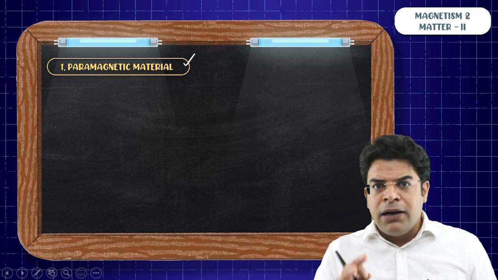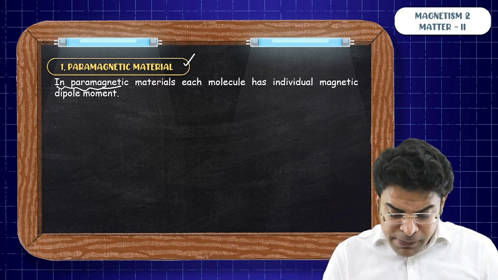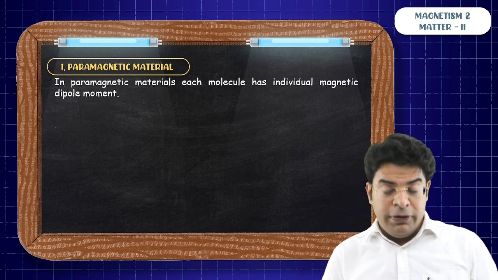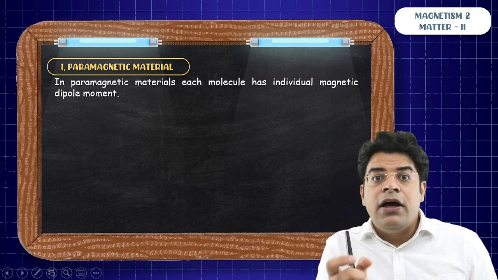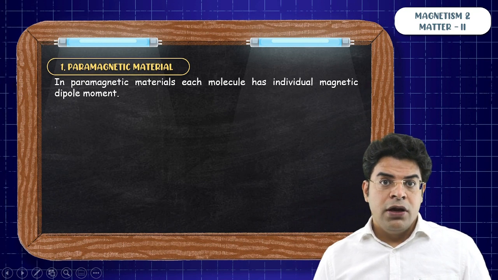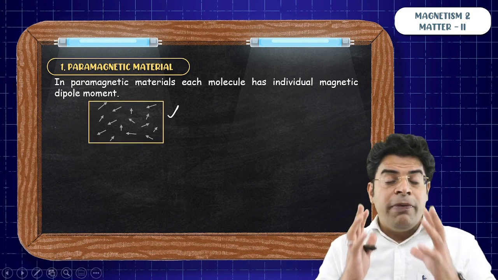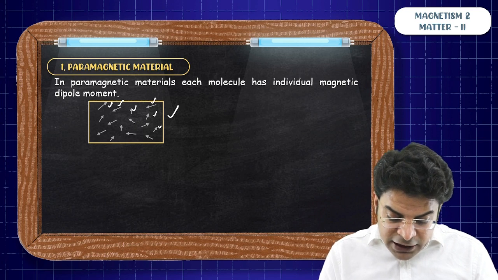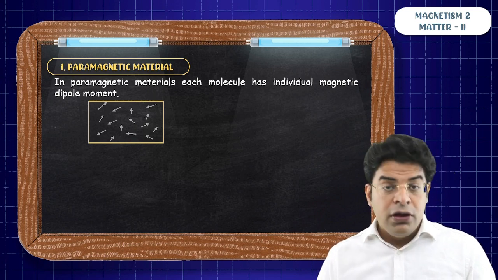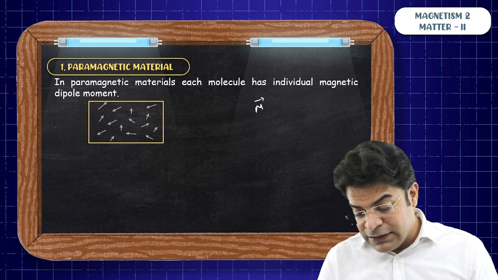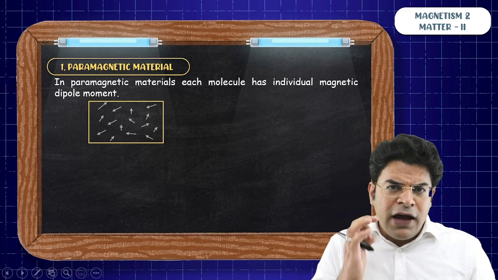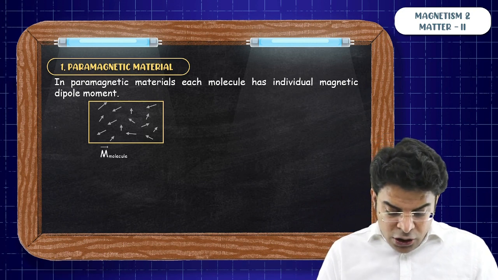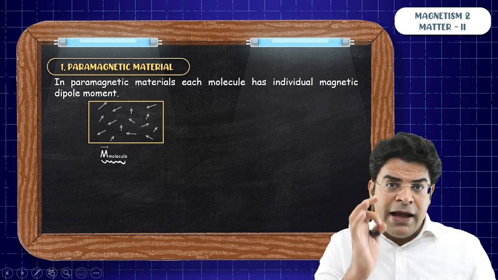What are paramagnetic materials? In paramagnetic materials, each molecule has an individual magnetic dipole moment, as each molecule has unpaired electrons. Now, if we have a crystal of paramagnetic material, then each and every molecule will have a magnetic dipole moment of its own, but magnetic dipole moment is a vector quantity. If I ask you, do all molecules of a paramagnetic material have a magnetic dipole moment?